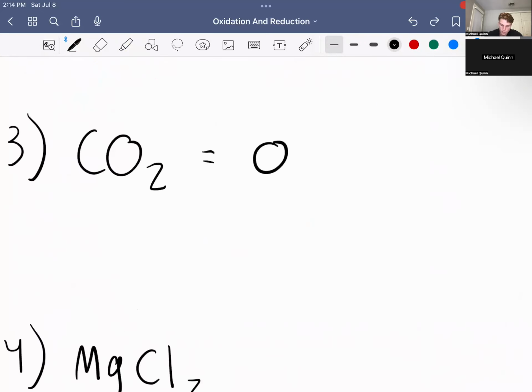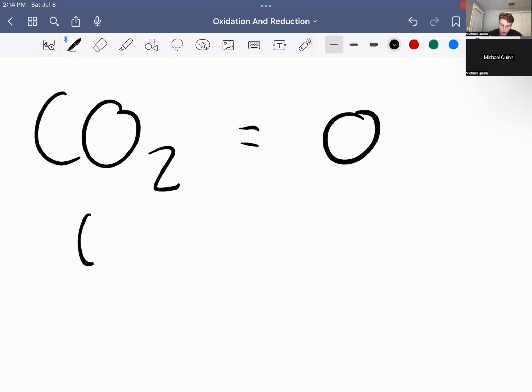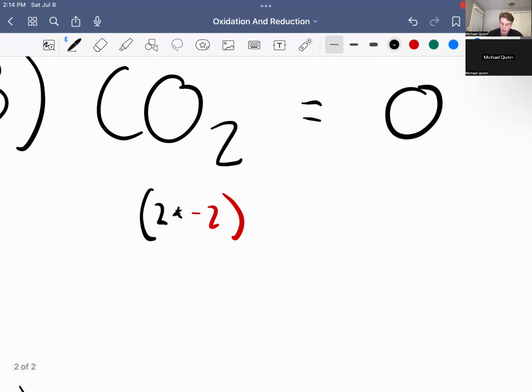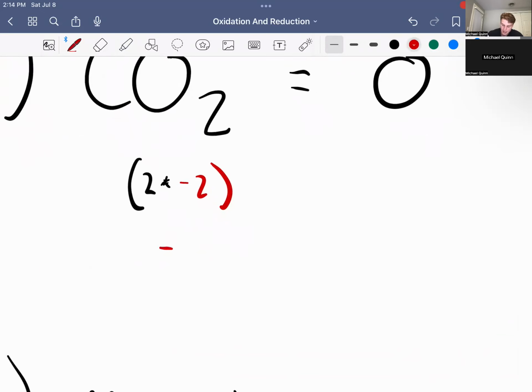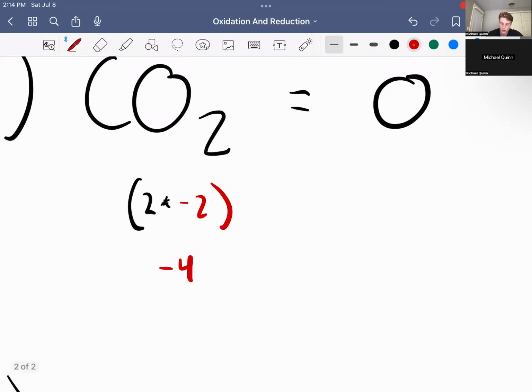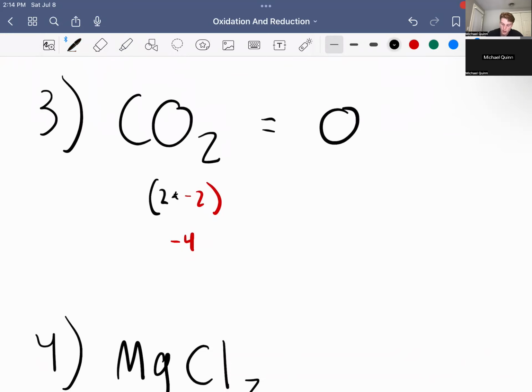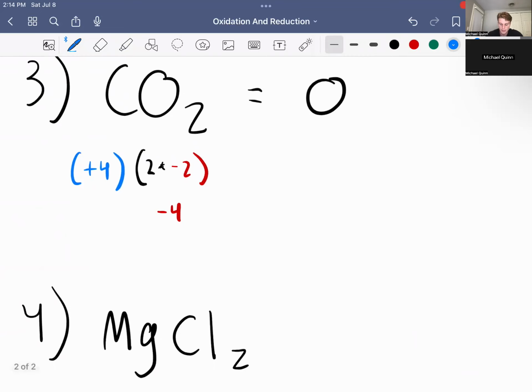Because there are 2 oxygens, both will have an oxidation state of -2, so oxygen accounts for a total of -4 charge. So how can we solve for carbon? Well, we know that carbon must be +4, because +4 minus 4 will give us that overall total charge of 0.